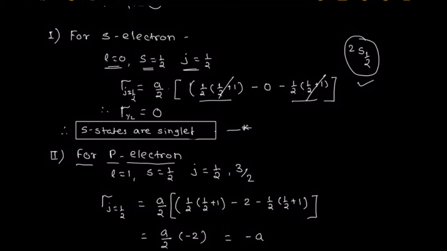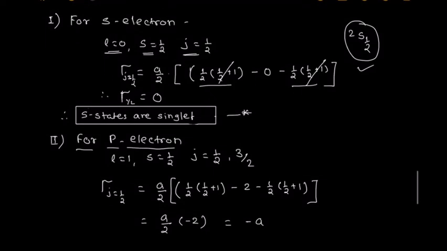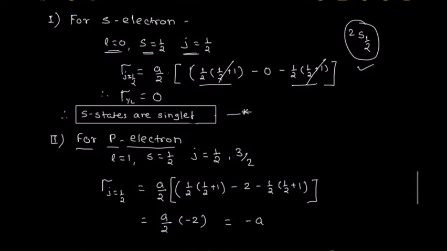Here we get two orientations of J: J equal to L minus S, which is half, and J equal to L plus S, which is 3 by 2. Hence we simplify for J equal to half, the term for the p electron. This is the term shift.